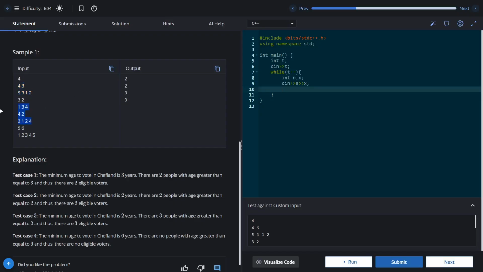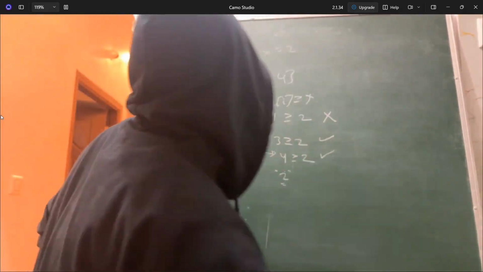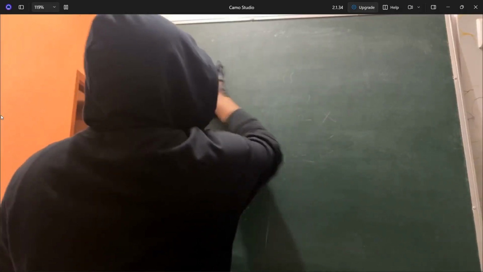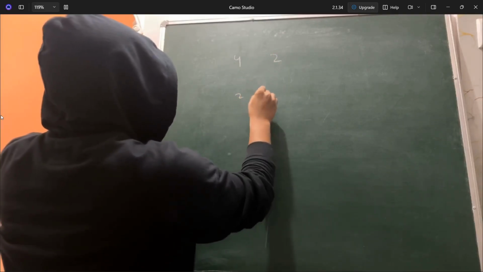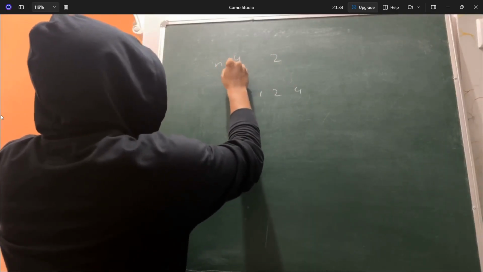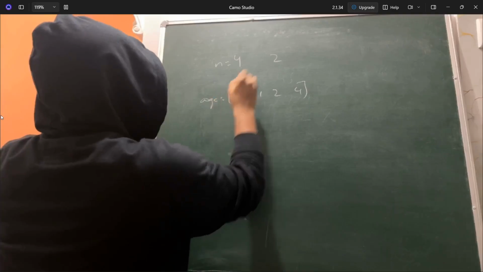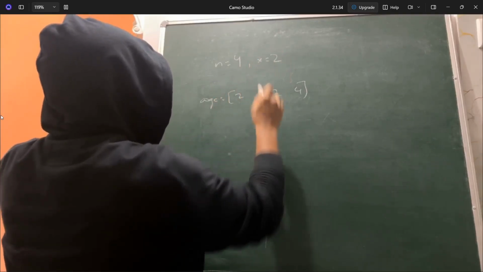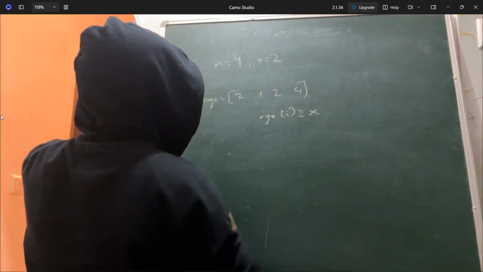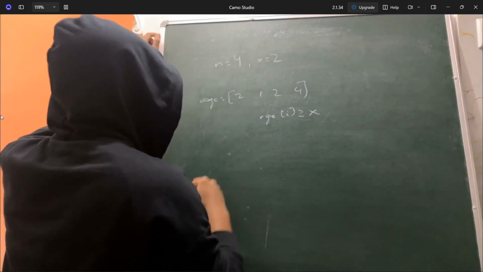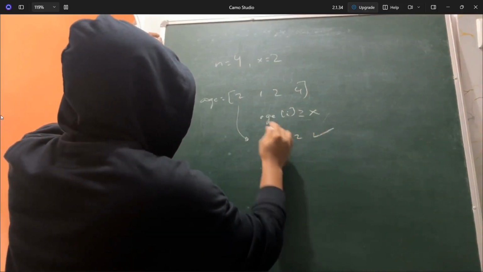Now let's consider the third case, 4, 2, 2, 1, 2, 4. The number of people in Chefland is 4, and x, which is the minimum age, is given as 2. So you will have to check age of i greater than or equal to x. The first one, 2 greater than or equal to 2, is true, so the first person is able to vote.